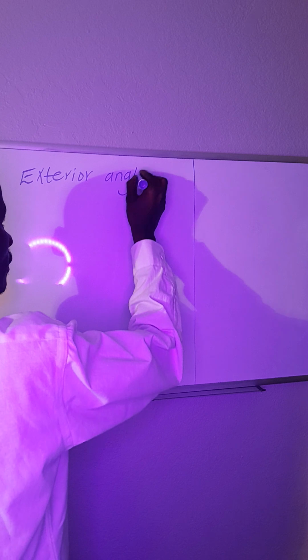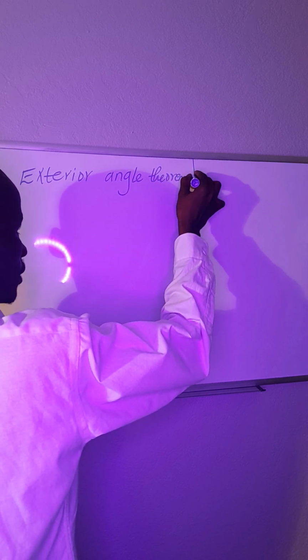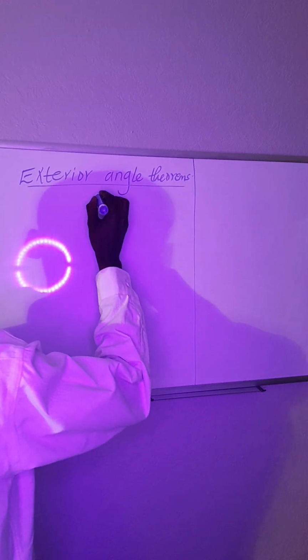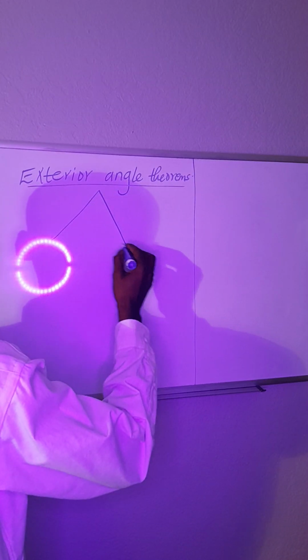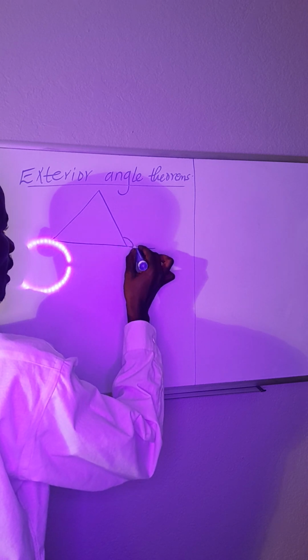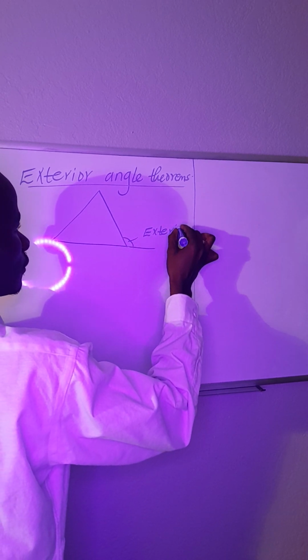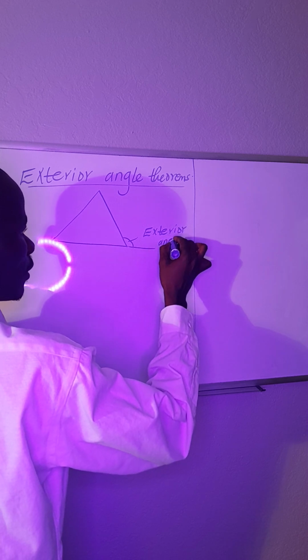I'll go ahead and look at some practice problems and show you how we are able to come up with that. So, for instance, if I drew a triangle like this, then this angle here is what I'm calling exterior. This is called the exterior angle.